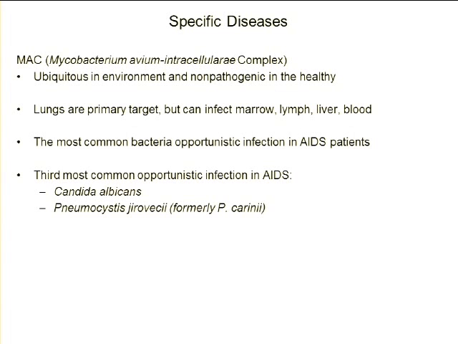So the problem occurs when a patient has an immune system that is compromised, and we really didn't know anything about this disease until HIV came up. When these people have immune system compromised, then all of a sudden these normal, ubiquitous bacteria can pose a problem.